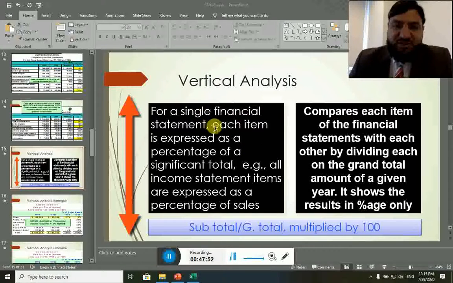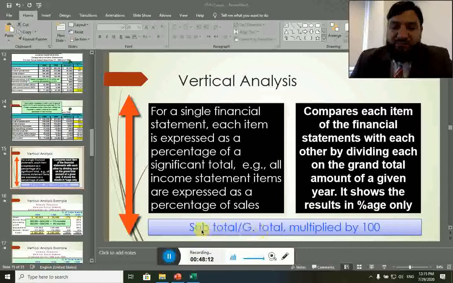For a single financial statement, each item is expressed as a percentage of the significant total. For example, all income items are expressed as a percentage of sales. It compares each item on financial statement with each other by dividing each one by the grand total amount of a given year. It shows the results in percentage only.